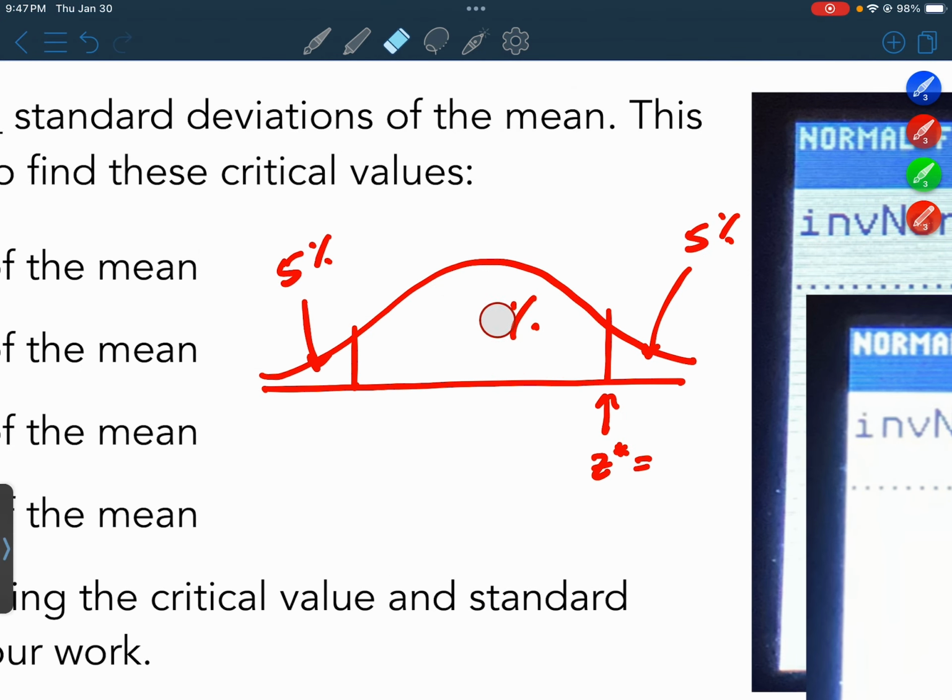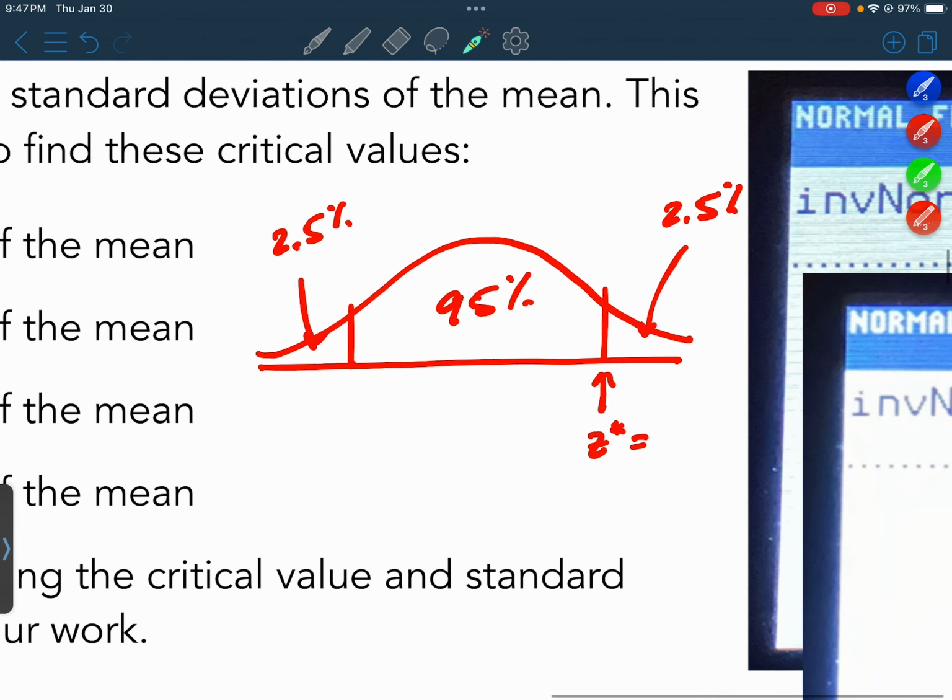Let's redo this so that we have 95% in the center, meaning 2.5% in each tail. So our boundary value now has a percentile of 97.5%. We're doing 2.5 plus 95.